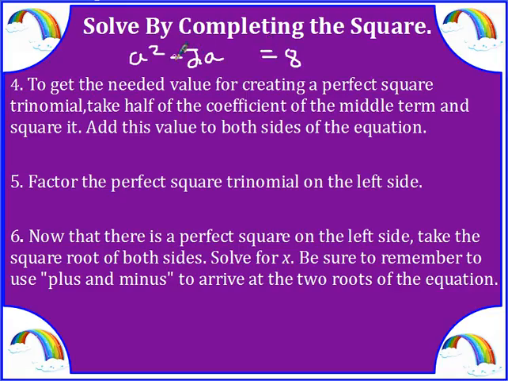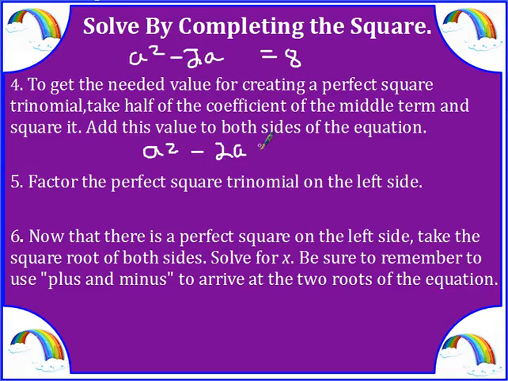Okay, now to get this perfect trinomial, all we have to do is take half of the b term and then square it. So half of -2 is -1, and it really doesn't matter if it's negative or positive, because now you're going to square it.